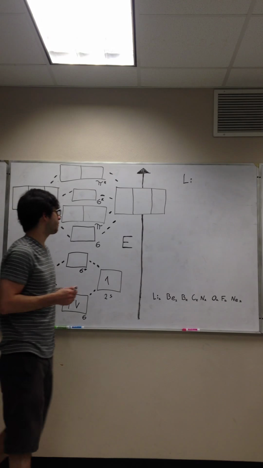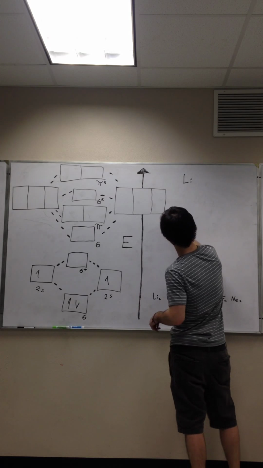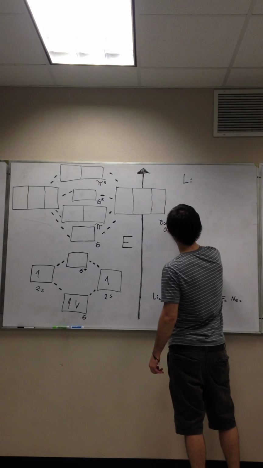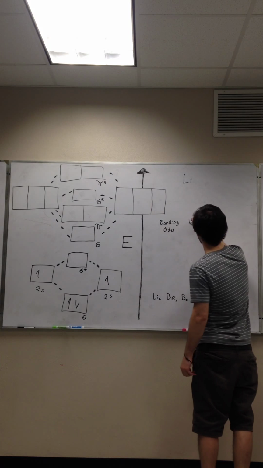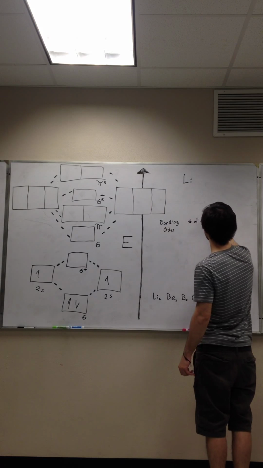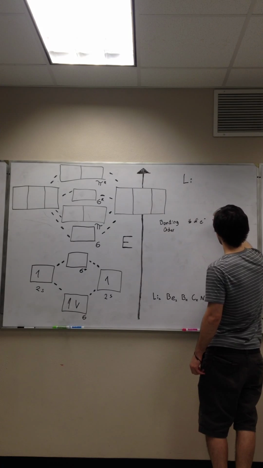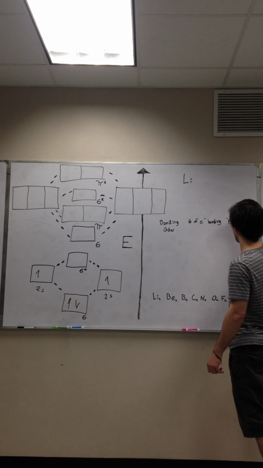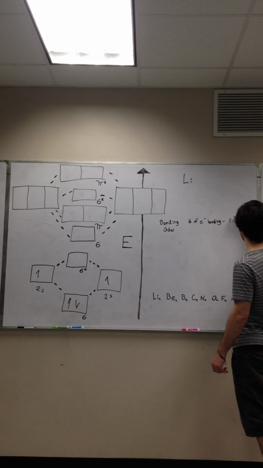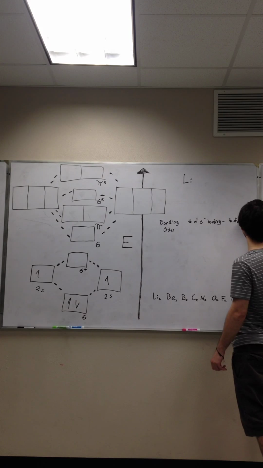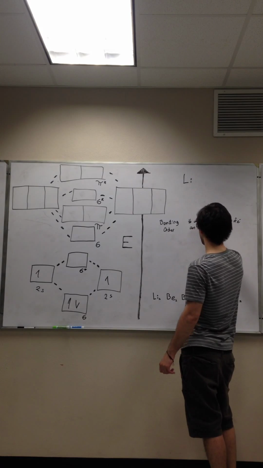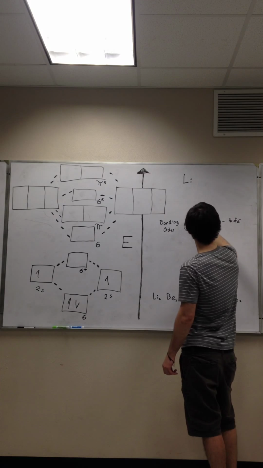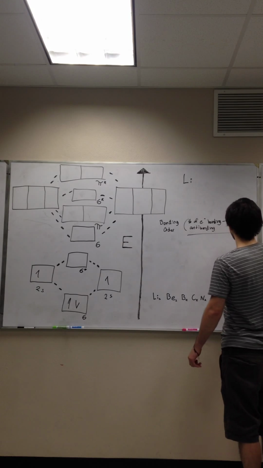When we look at the definition of bond order, it can be defined as the number of electrons in a bonding orbital minus the number of electrons occupying an anti-bonding orbital, all divided by 2.